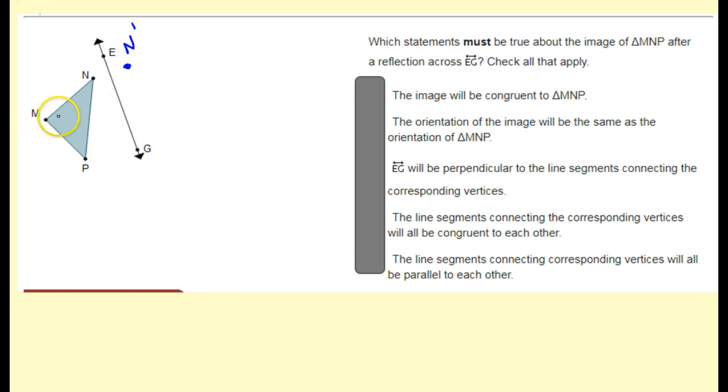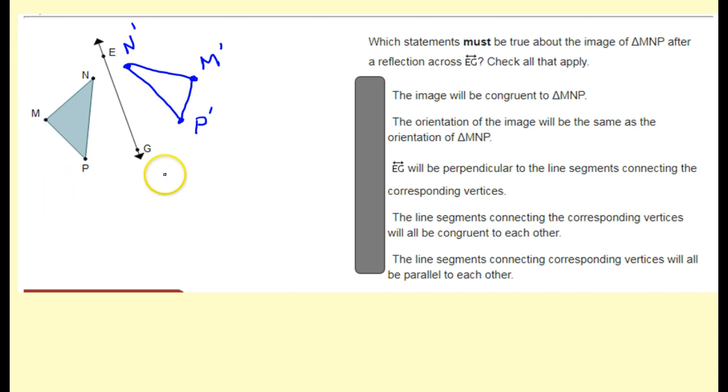If I do the same thing with M, that's going to be about here, and P is going to be about here. So this is going to be M prime and P prime. This is just a rough sketch. It's not perfect, but it should be good enough for us to answer the questions.